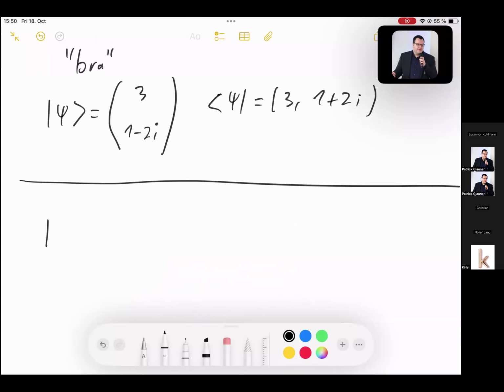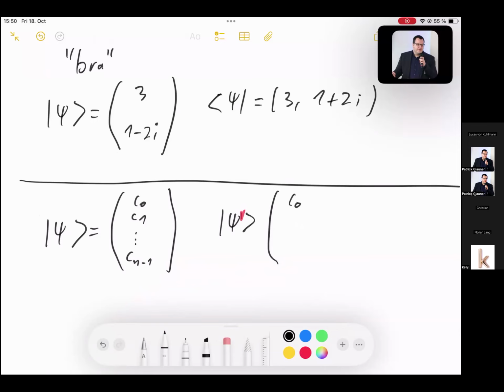So we have our psi ket, which is C0, C1, up to Cn minus 1. And we have our psi prime ket: C0 prime, C1 prime, up to Cn minus 1 prime. They are both normalized states for now. Then it will become easier.